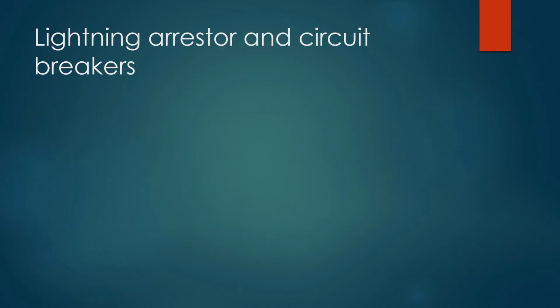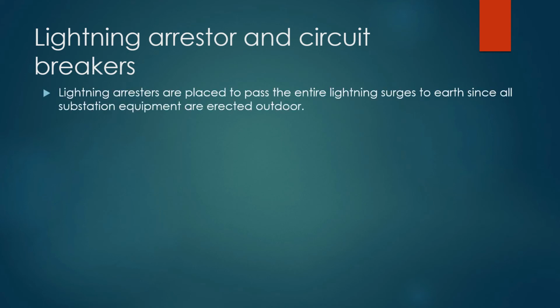So let us look at the next component, which are lightning arresters and circuit breakers. Lightning arresters are placed to pass the entire lightning surges to earth, since all substation equipment are erected outdoor. In other words, just from the word arrest, they are meant to protect all the other components from getting damaged, so that if they detect any lightning surges, they are able to direct them to the earth.